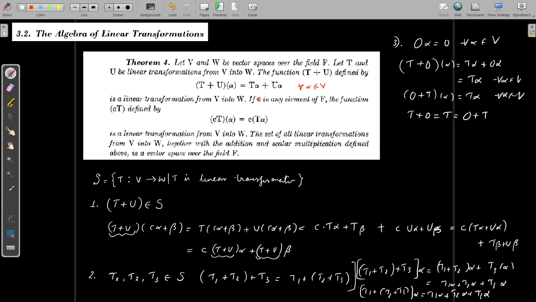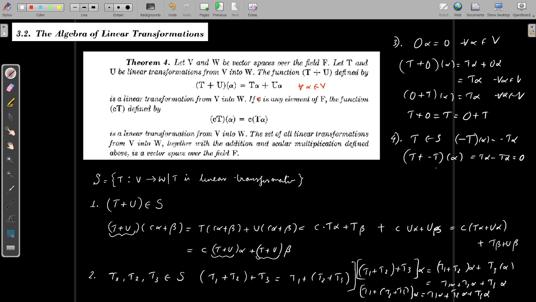Now we have the inverse with respect to this addition. Once you consider a T from this S, define minus T of alpha as minus T alpha. Now you can easily prove that T plus minus T of alpha equals T alpha minus T alpha, that is equal to 0.